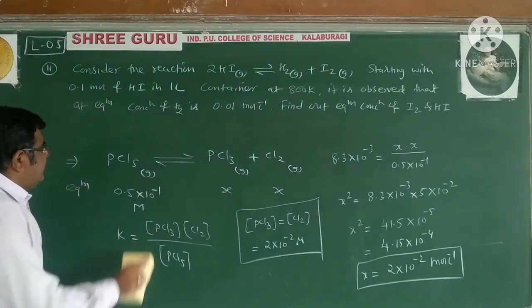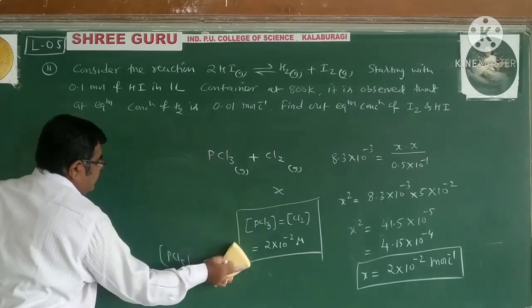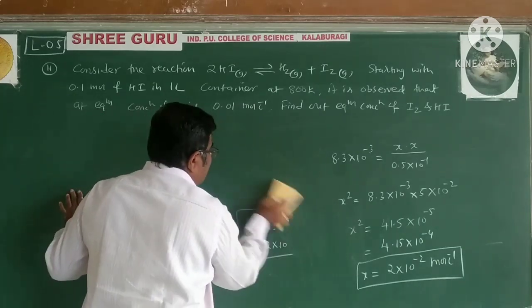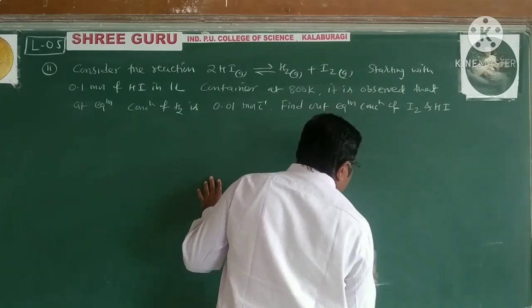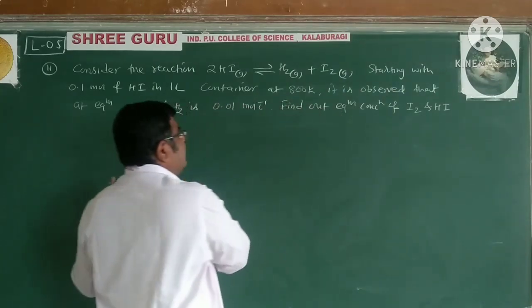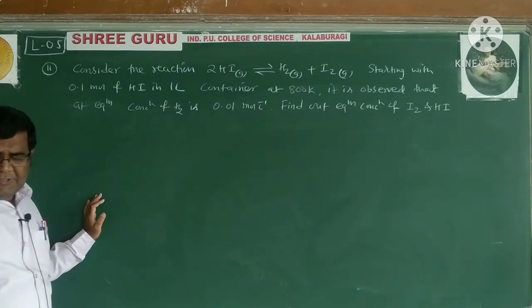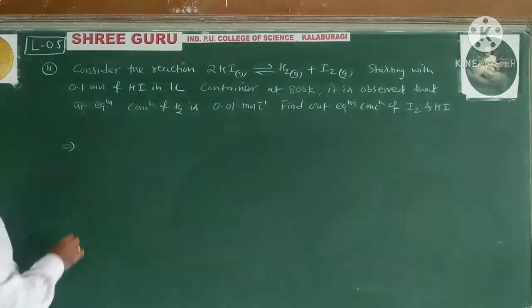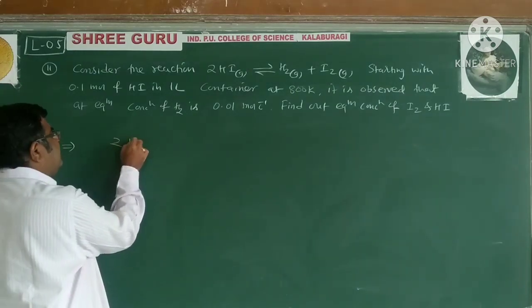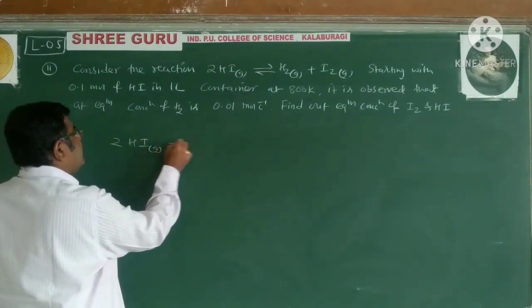So once again, the question is regarding equilibrium concentration. Definitely always in the MCQs, NEET or KCET, one of the questions will be of this type. So the reaction is given, balanced also.